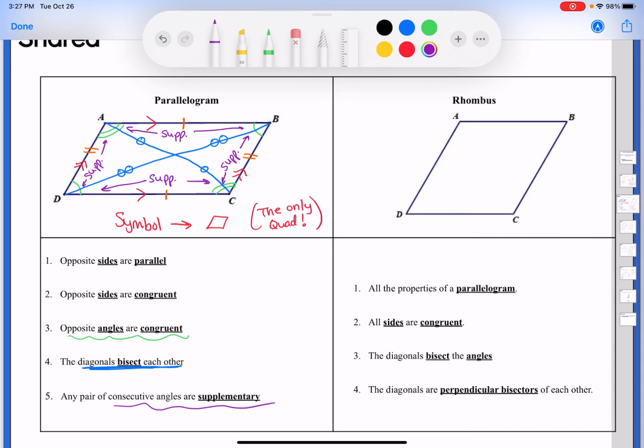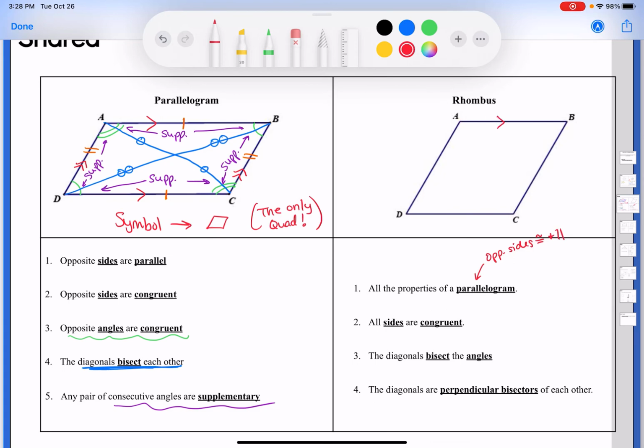Now, if you remember yesterday when we were writing down definitions, when I got to rhombus, I said that it was a parallelogram that had all sides congruent. So a rhombus is a parallelogram, which means that all those parallelogram properties are true of a rhombus as well. So this means opposite sides congruent and parallel.